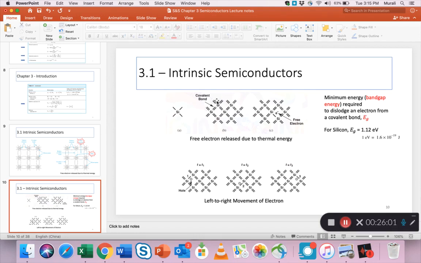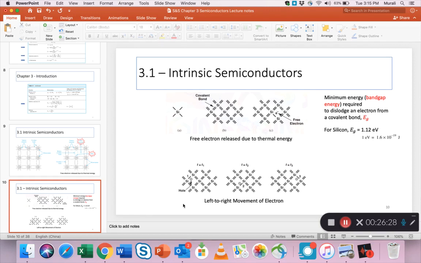You see the covalent bond and how the individual atoms are all together to form a silicon molecule. Here again you see that one electron has become free from this particular silicon atom. This atom had 4, but one of them got free, and so it's floating around. It's a free electron or a loose electron.